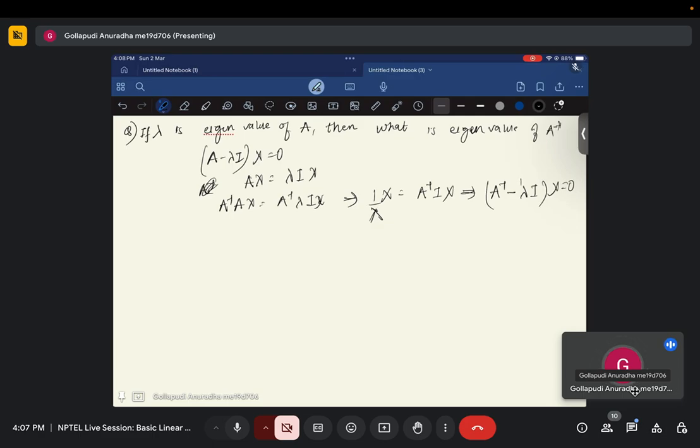So 1 by lambda is going to be the eigenvalue for A inverse.